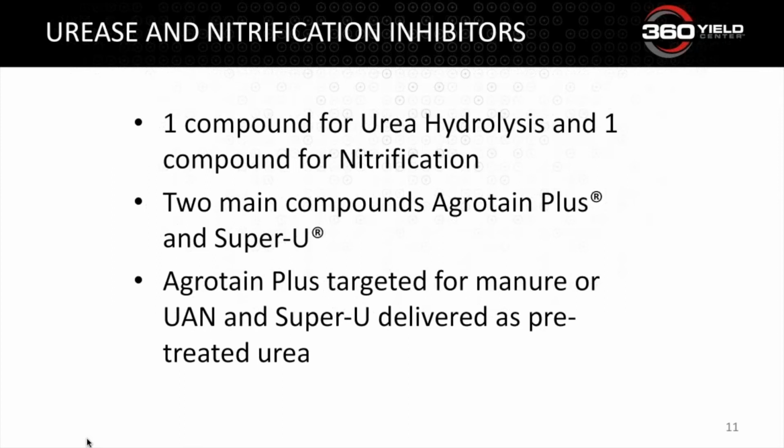It's entirely reasonable to think about using both products to stop the volatilization and to stop or slow the nitrification process in order to keep that nitrogen in the ammonium form. So there are products coming out that will do both.